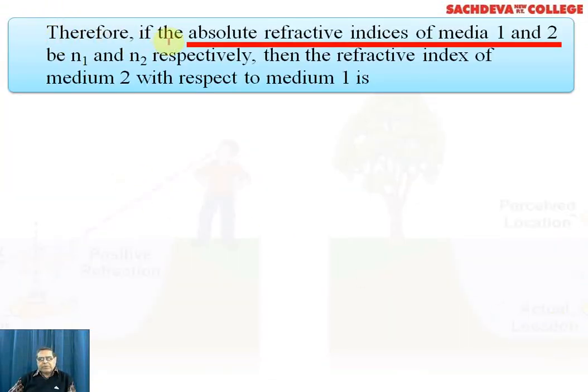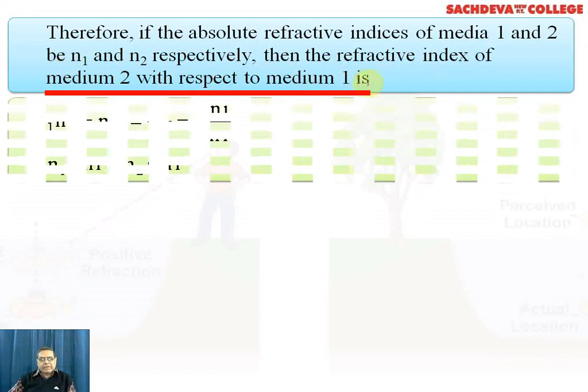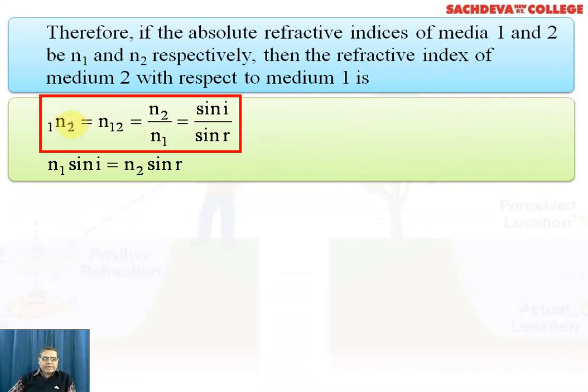Therefore, if the absolute refractive indices of media 1 and 2 are N1 and N2, or we can say mu1 and mu2 respectively, then the refractive index of medium 2 with respect to medium 1 is written as N12.